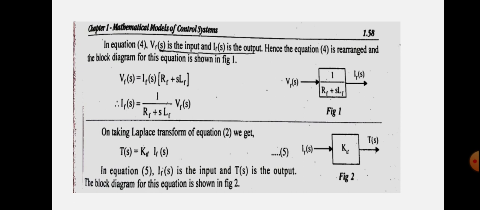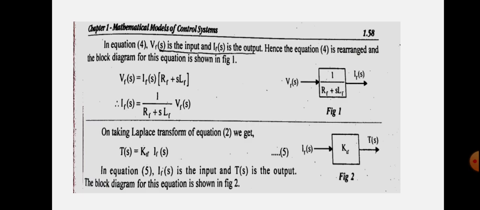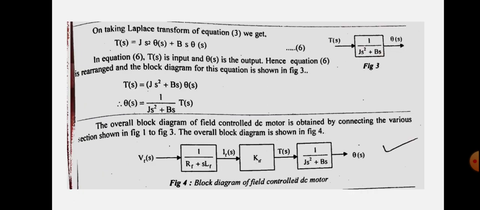The next block can be constructed by considering the third equation, T is equal to J into d square theta by dt square plus B into d theta by dt. Taking the Laplace transform of the third equation, we get T of S is equal to J into S square into theta of S plus Bs into theta of S. Theta of S is common, so it can be taken outside.